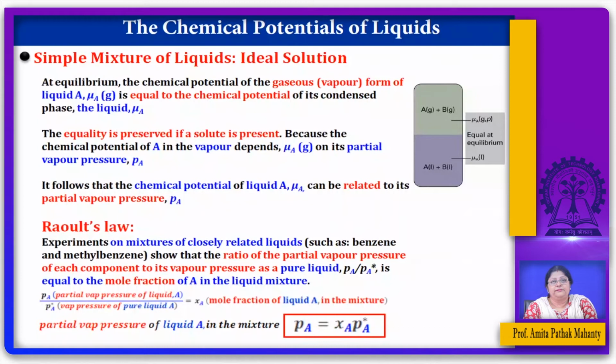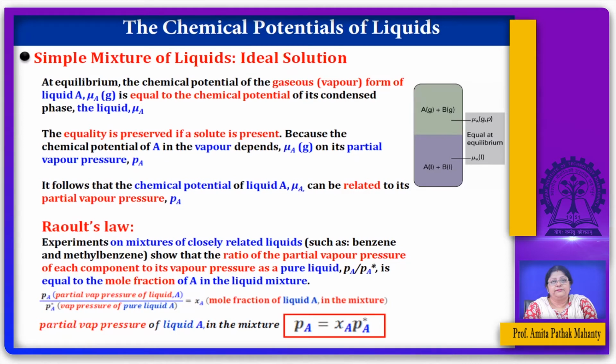So now let us summarize what Raoult's law states. What we have so far discussed is, at equilibrium, the chemical potential of the vapor form of the solvent A, which we call the solvent because it is in excess, is equal to the chemical potential of the species in the liquid, or condensed, state. That is the first approximation we made.